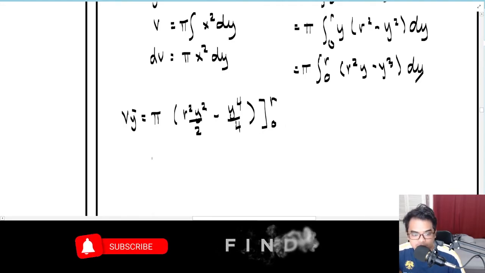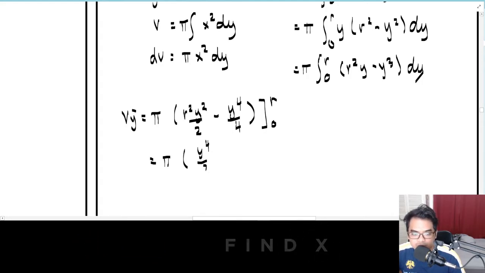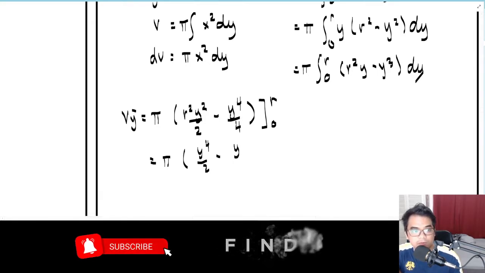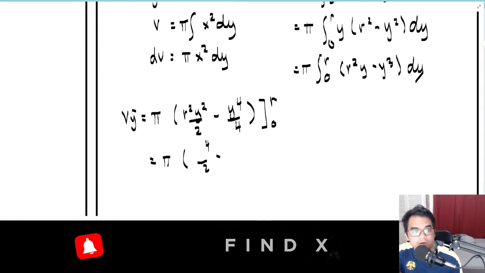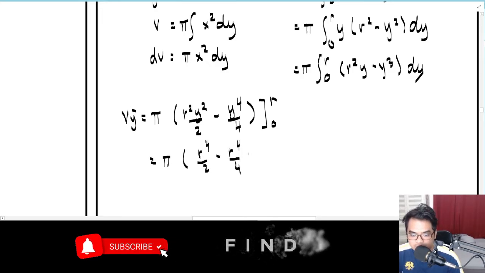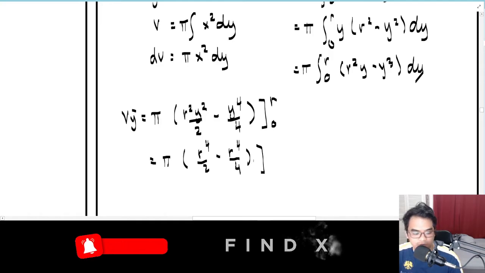So that is pi times r raised to 4 over 2 minus, no, not y, it should be r, sorry. So this should be r, and then r raised to 4 over 4.